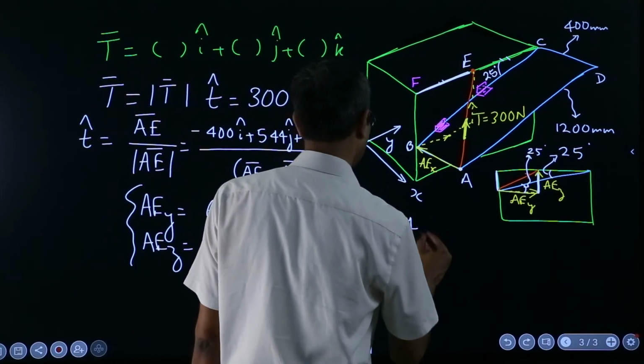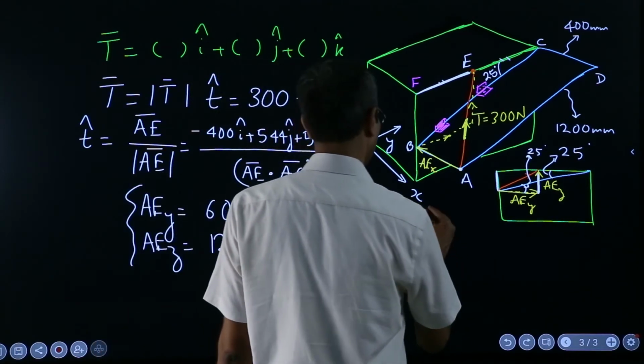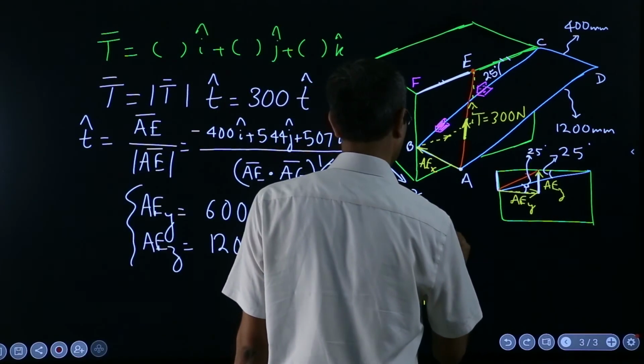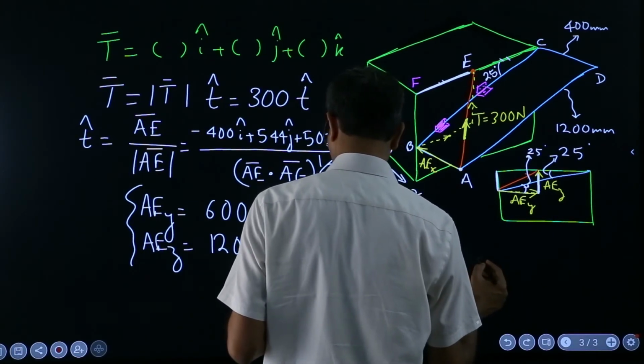That is, I'll write it here. That t vector, you will get it to what?